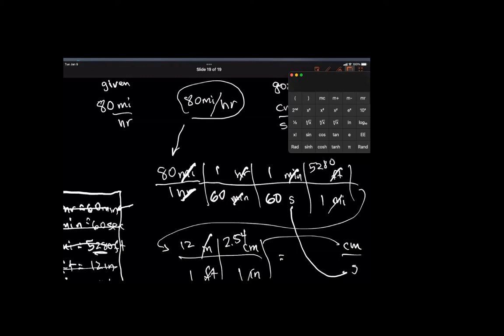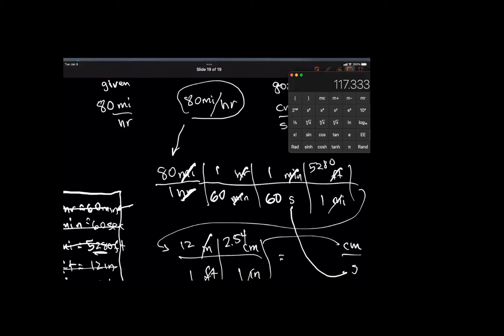Okay, and so that will tell me 80 miles per hour is 3,520 centimeters per second. And notice that when I did my math operation, I streamlined it by going directly to the math operation rather than multiplying by 1, where I see this in dimensional analysis.